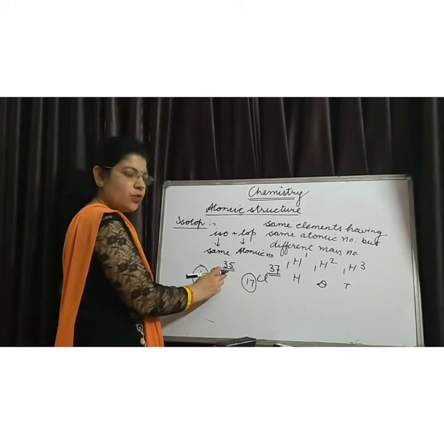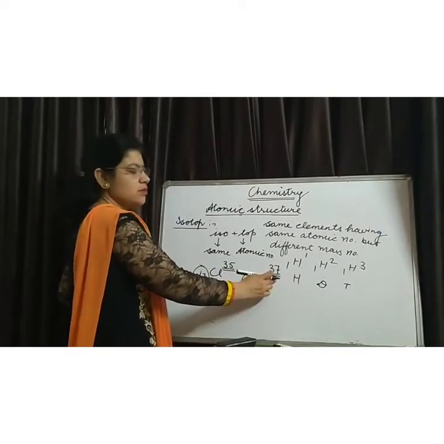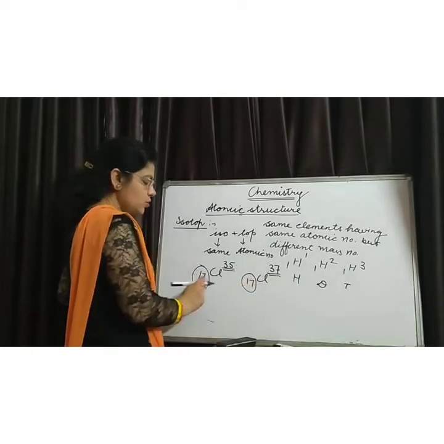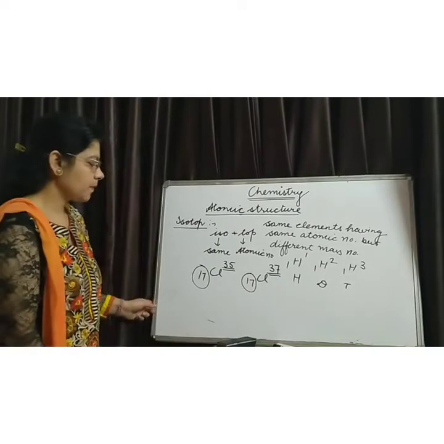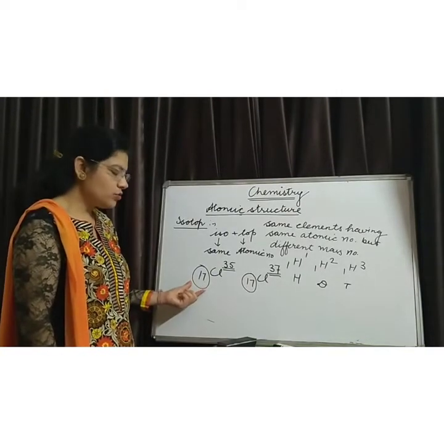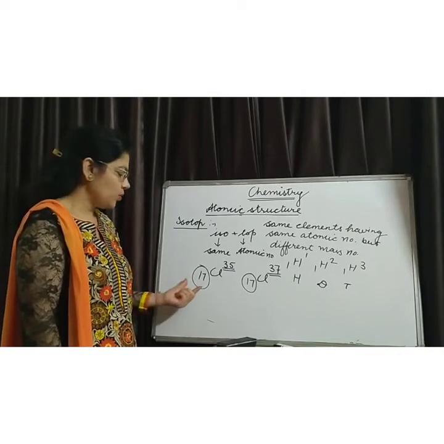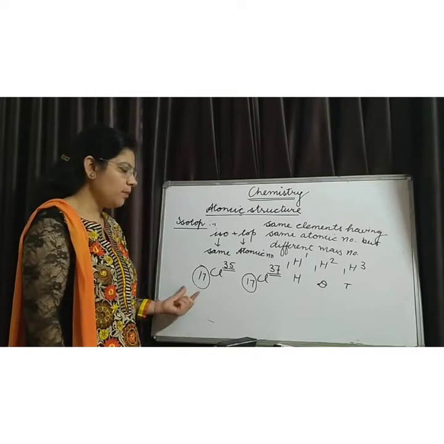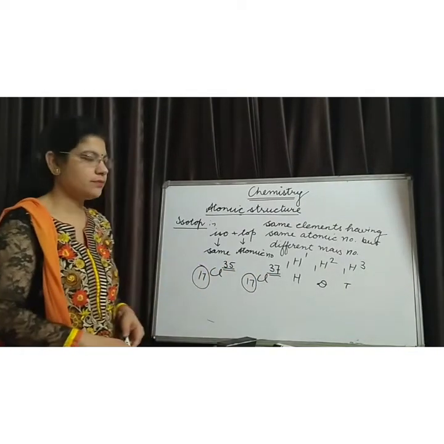In one isotope, the mass number is 35 and in another, the mass number is 37. These 2 are the isotopes of chlorine. Hence, we define isotopes as those atoms which have the same atomic number but different mass number.